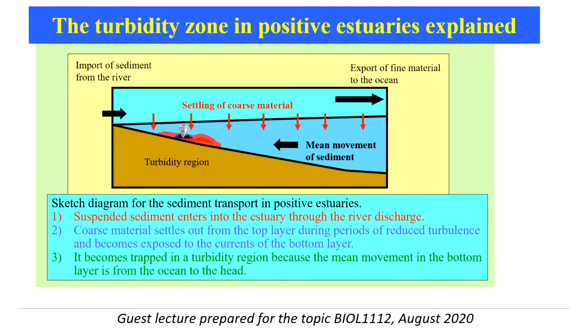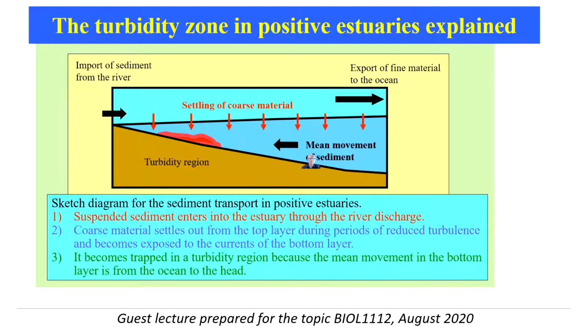Here we are. Okay, and these turbidity regions contain large amounts of organic matter, okay? And they also contain inorganic sediment particles, and there are big problems if you have a port further upstream. You need to remove the turbidity zone every now and then. You have to dredge these away.